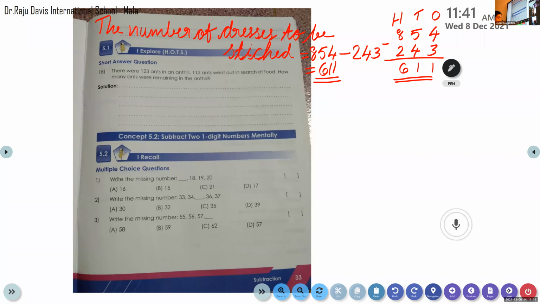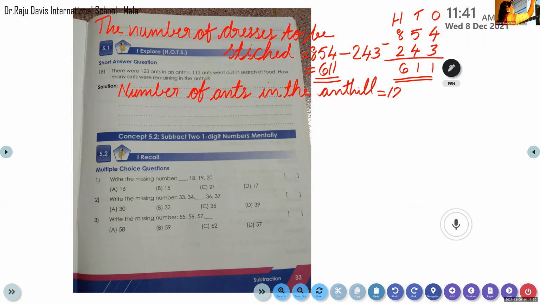First you write this one. Number of ants in the anthill equal to 123.